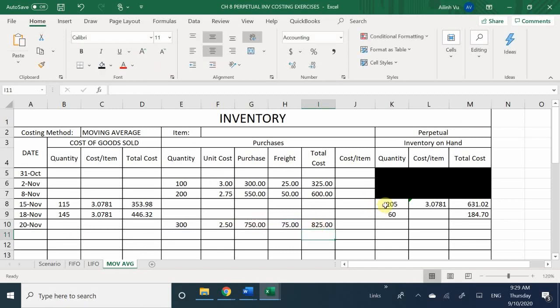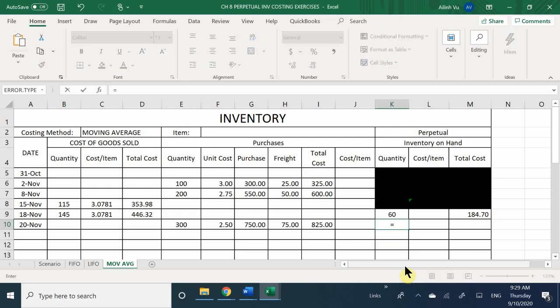I forgot to eliminate this section right here because we no longer have that amount. So what has happened next? What do we need to do? We need to add 300. Good, exactly. So we're adding the 300 to the 60 to get a grand total of 360.